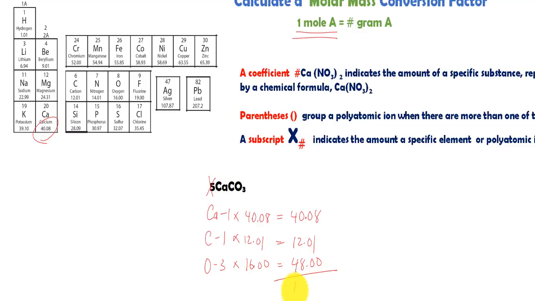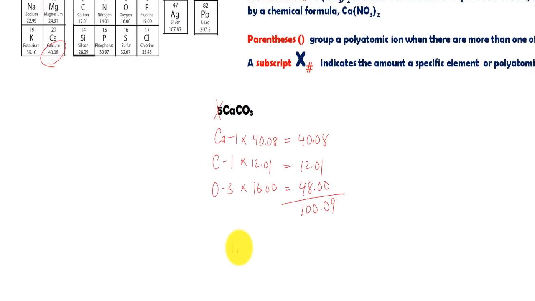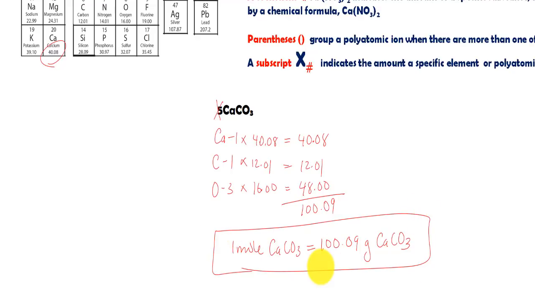And we add them together, we have 100.09. And to express this as a molar mass, we have 1 mole of CaCO3 equal to 100.09 grams of CaCO3. And there you go. That is our molar mass.